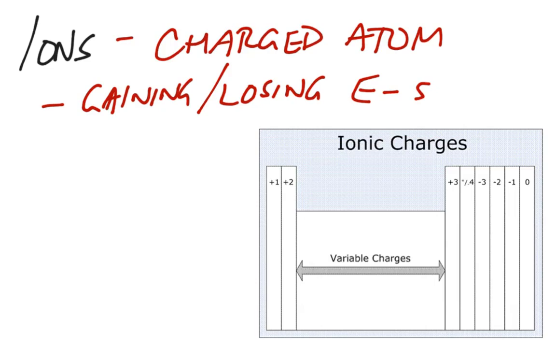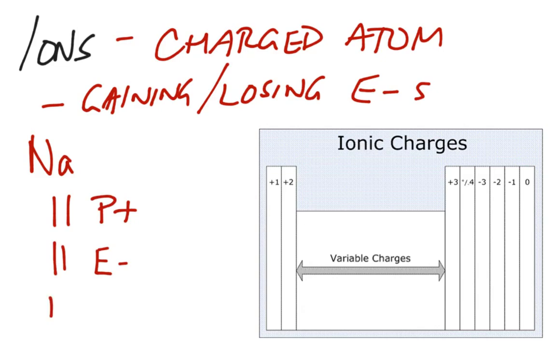Now, when you gain or lose an electron, you cause an imbalance in the charges. For example, if you look at sodium, sodium is Na. Naturally, sodium will have 11 protons and 11 electrons. And the most common isotope of sodium has 12 neutrons. Sodium is also in group 1A, and group 1A tends to lose 1 electron.